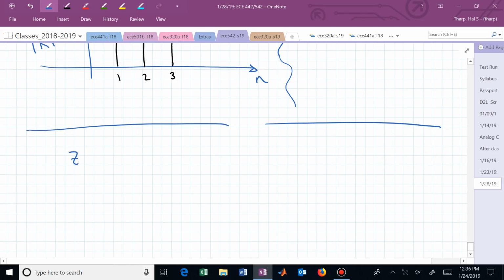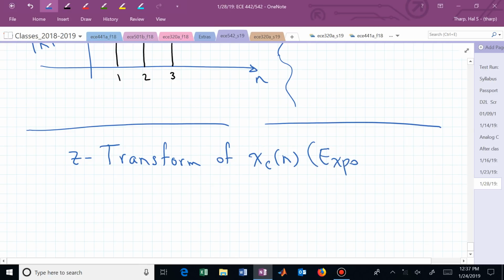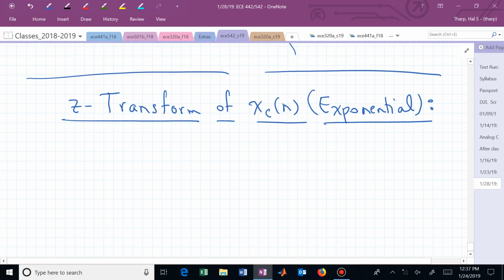So let's now say this is going to be the z-transform of x sub c of n, which is an exponential. X sub c of z is now, by definition, we just plug in our definition.